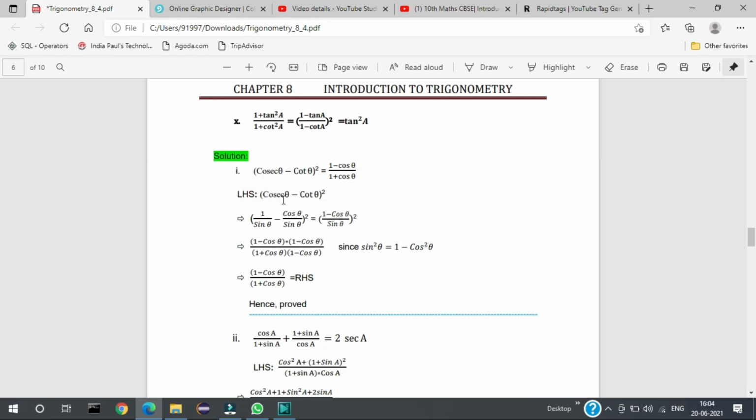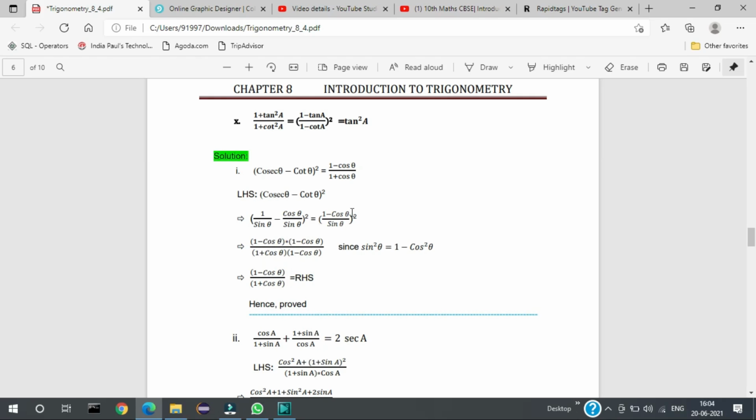So cosecant theta can be written 1 by sin theta, cot theta can be written cos theta by sin theta. So that implies, taking the LCM, we get sin theta itself in the denominator, (1 minus cos theta) whole square.